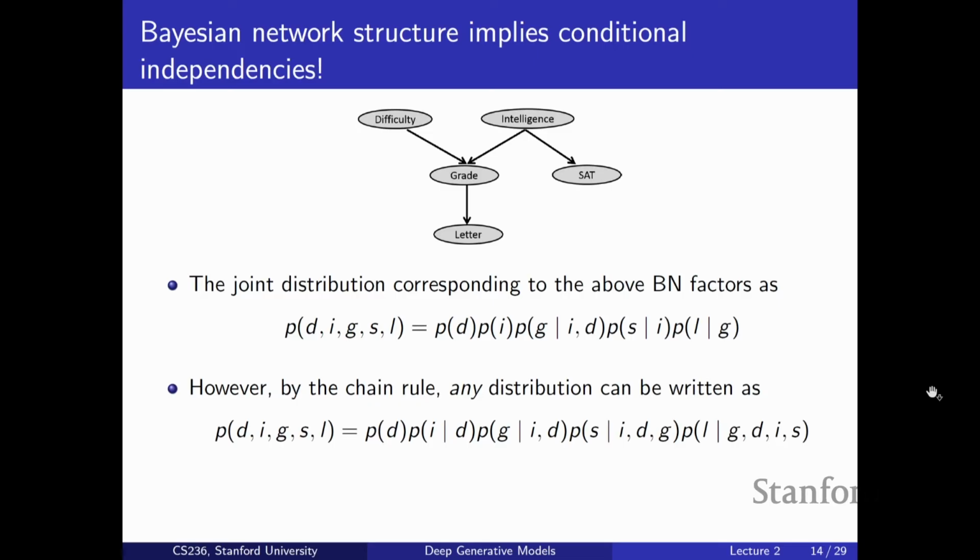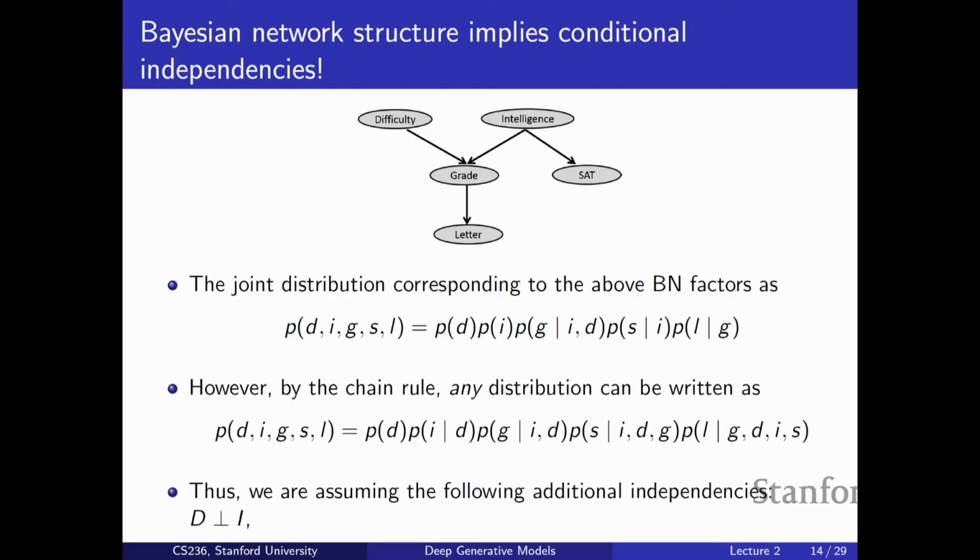Now, if you're willing to assume that the intelligence of the student does not depend on the difficulty of the exam, then you can start simplifying these conditionals, and they become like the ones you see above. So, for example, the SAT score only depends on the intelligence, and you don't need to know the difficulty of the exam. You don't need to know the grade in the other exam to figure out the SAT score.